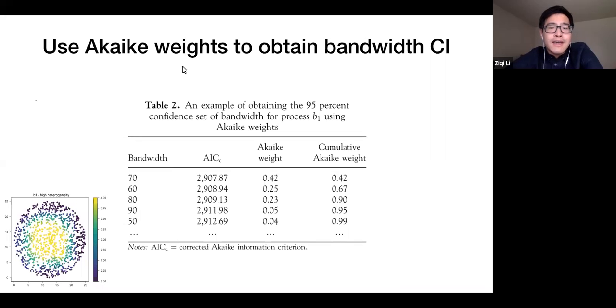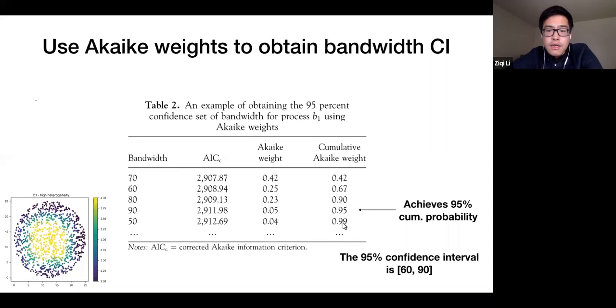So to use Akaike weights to obtain the bandwidth uncertainty, also the bandwidth confidence interval, here's an example of how to do that. This is the example for the high heterogeneity surface. The optimal bandwidth that we get from MGWR for this process is 70, and the corresponding Akaike weight is 0.42.